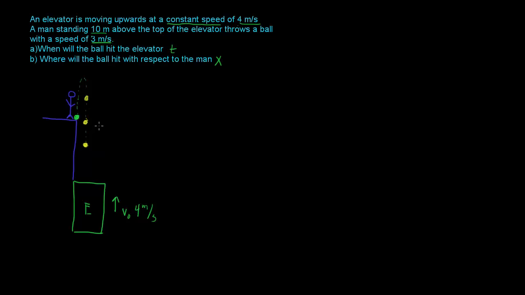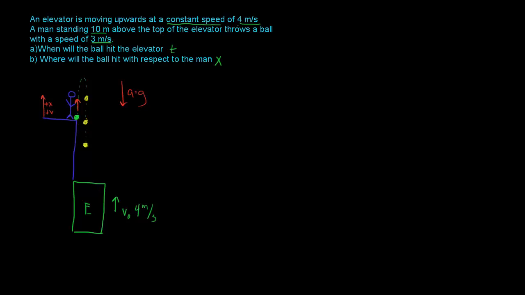Other pieces of information that we know: gravity is going to be acting on the ball, and we're going to call up our positive x direction and our positive velocity, and the ball has an initial velocity going up.